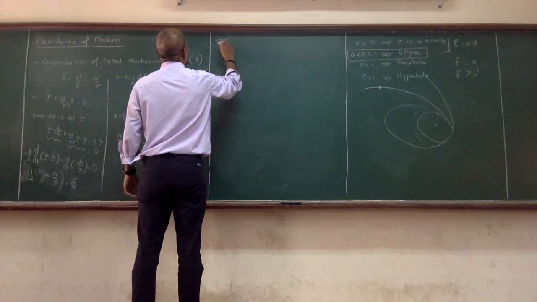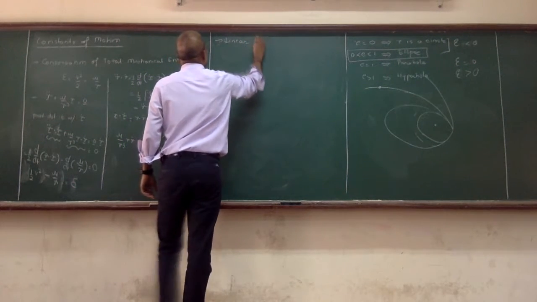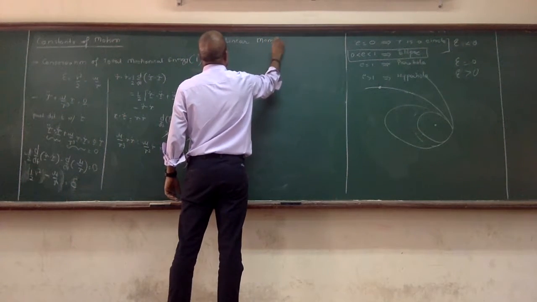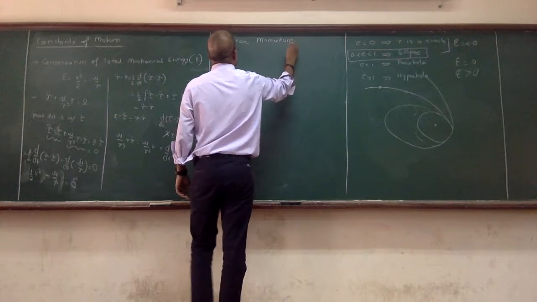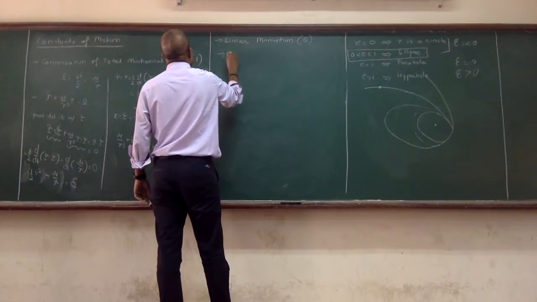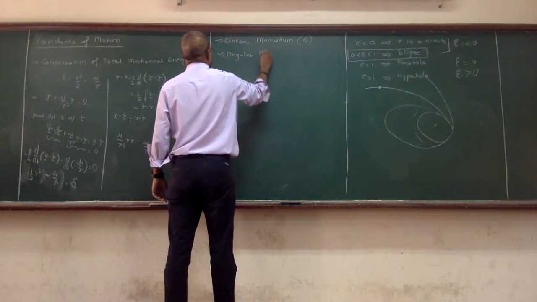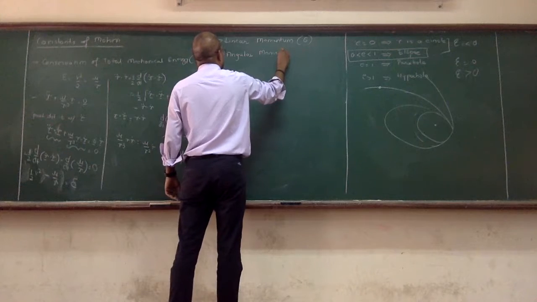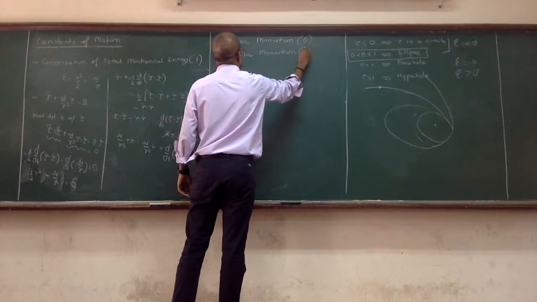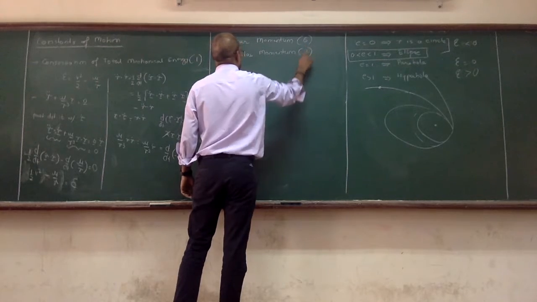Linear momentum is conserved. And this gives you 6 constants. Then angular momentum is also conserved. This gives you 3 constants.